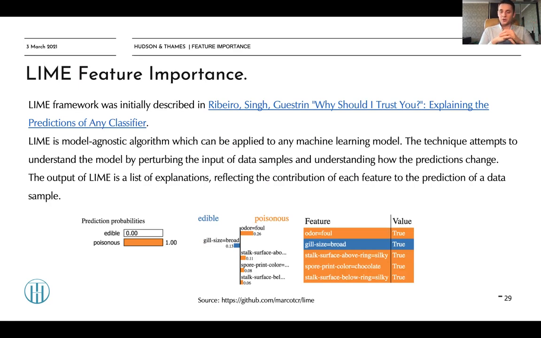The Python package which uses the LIME algorithm is also called lime. LIME is a model agnostic algorithm which can be applied to any machine learning model. The technique attempts to understand the model by perturbing the input data samples and understanding how the predictions change. The output of LIME is a list of explanations reflecting the contribution of each feature to the prediction of that data sample.